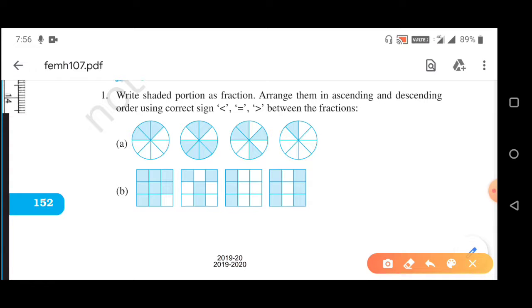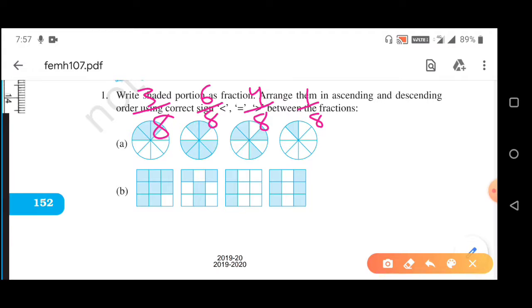So for question A, this one will be 3 by 8, this one will be 6 by 8, this one is 4 by 8, this one is 1 by 8. All are like fractions because denominators are equal.